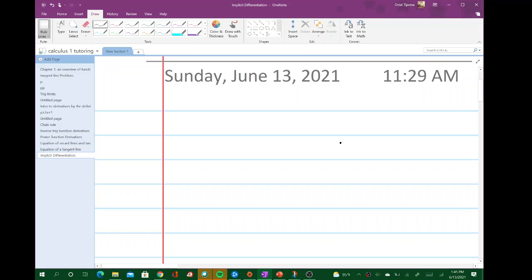Implicit differentiation, the best way I can explain it is that we already know how to find the derivative of a function, f of x.